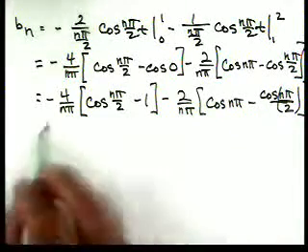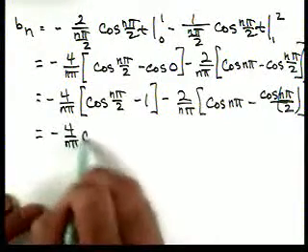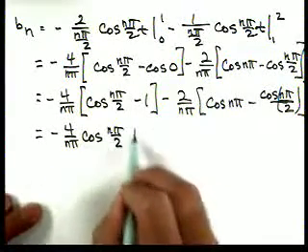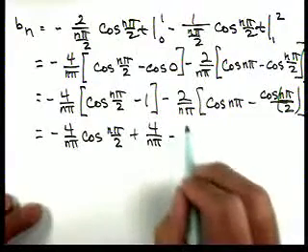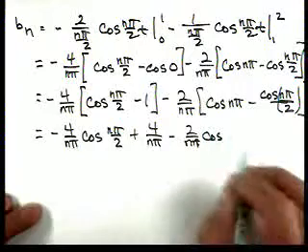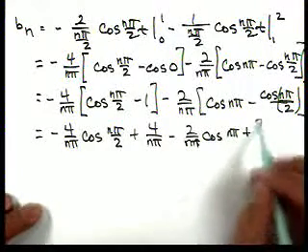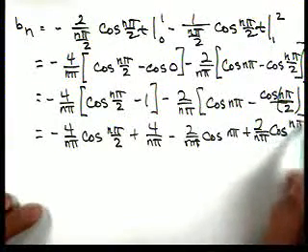And continuing on, we have minus 4 over n pi cosine n pi over 2 plus 4 over n pi, minus 2 over n pi cosine n pi plus 2 over n pi cosine n pi over 2.